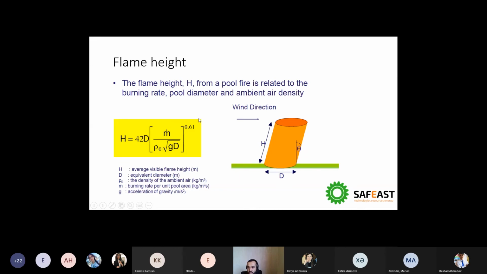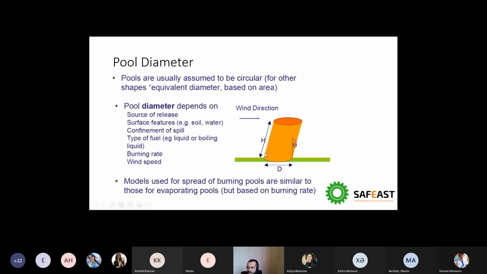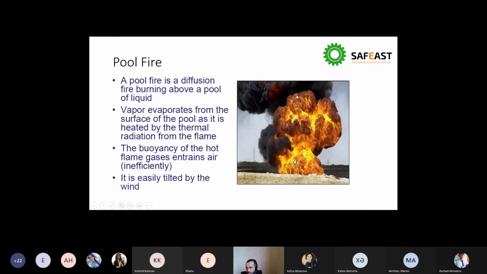So basically, the height will depend on the burning rate and the diameter of your pool. And when we say height, we usually refer to the visible height. We don't have an exact extent, but we refer to the average visible height.